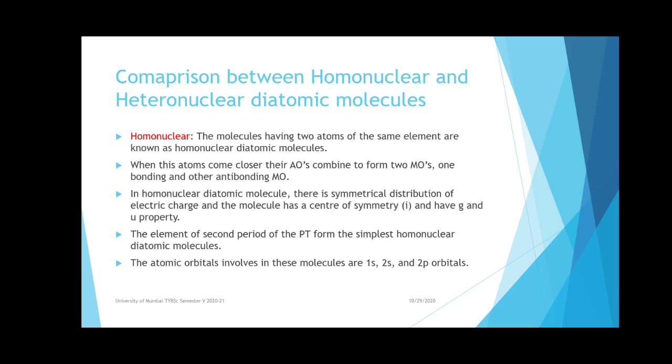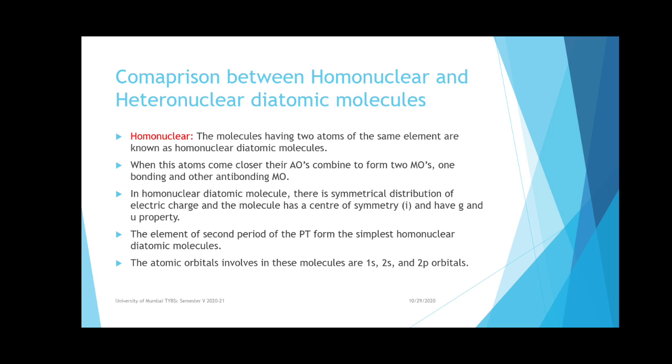Same for C2, B2 and so on. Here, when these atoms come closer to each other, what happens? Their atomic orbitals approach each other. At one stage they overlap, meaning they combine, and molecular orbitals are formed.